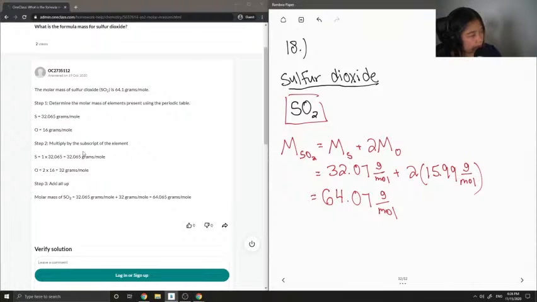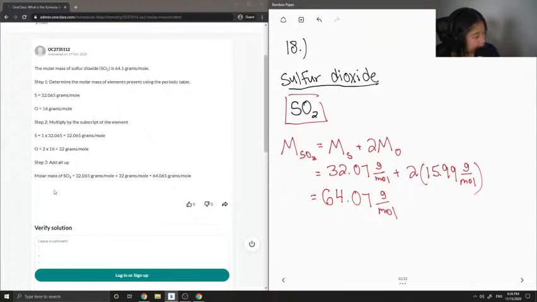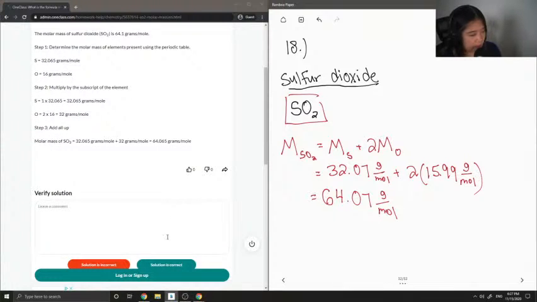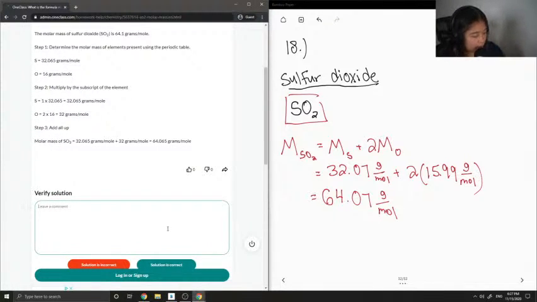Step 2, multiply by the subscript of the element. 1 times 32.065 is the same thing. And oxygen is 2 times 16, which is 32. Step 3, add it all up. Molar mass of SO2 is 64.065 grams per mole. So this solution is correct.